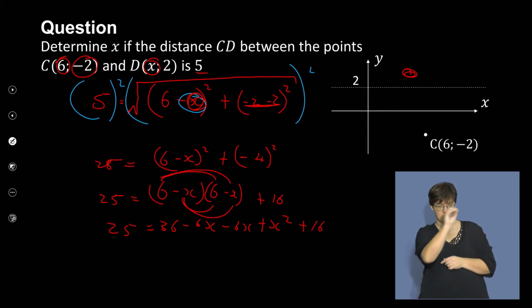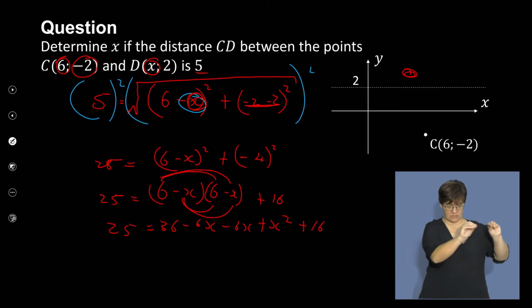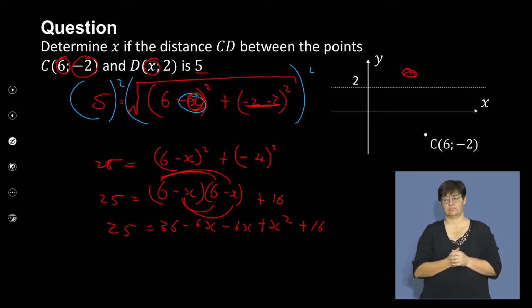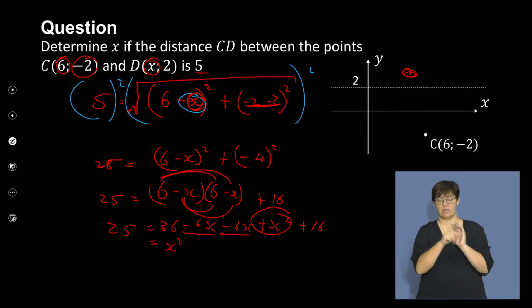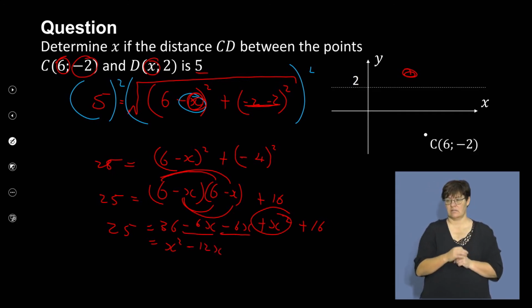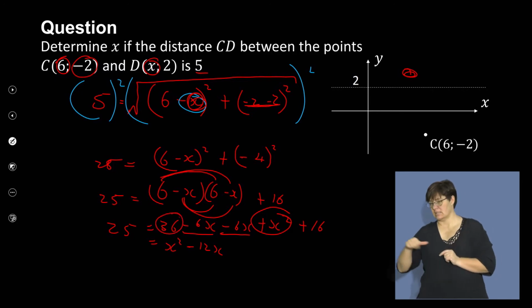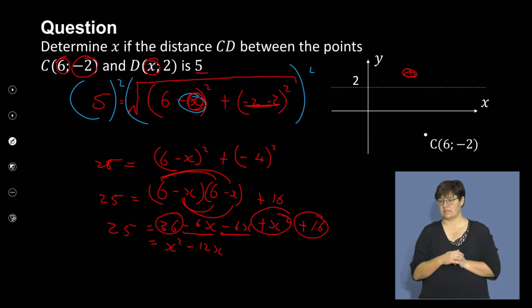I just need to clean it up a little bit, take everything to one side, and get an answer here. So let me do that. Here I'm going to get x squared. Here I've got a minus 6x and a minus 6x. That's going to give me minus 12x. Here I've got a 36 and a 16.